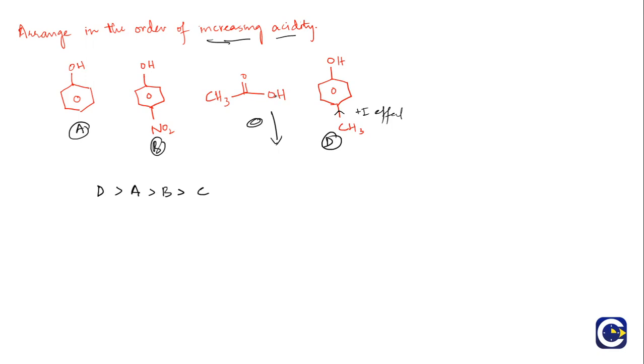It is going to hold the negative charge more easily, and there will be conjugation between these two oxygen atoms as compared to the phenol ring. So this will be the increasing order of the acidity. The most acidic will be the carboxylic acid, and the least acidic will be the cresol, that is the methyl substituted phenol.